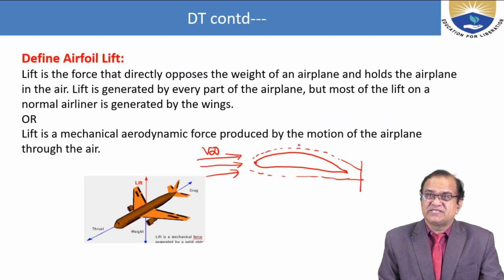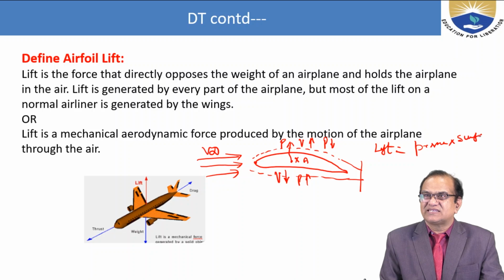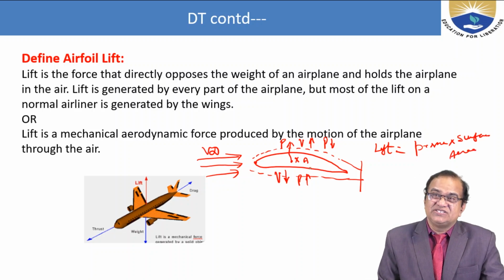So on the upper surface velocity is high and pressure is low. On the lower surface, velocity is low and pressure is high. The net pressure will act upward. This is the total pressure, and this pressure into area is called the lift. So lift is equal to pressure times surface area, and in this way lift is generated.